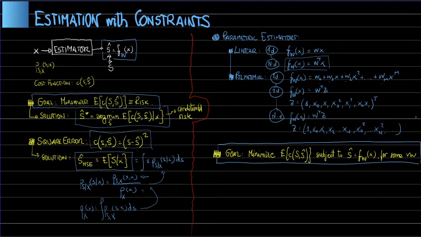Okay, and what is the solution? Well, basically, the general solution will be given by the vector of parameters that we will call W star, that minimizes with respect to W the expected value of C(S, f_W(X)). Okay.